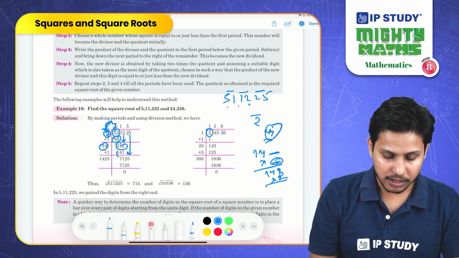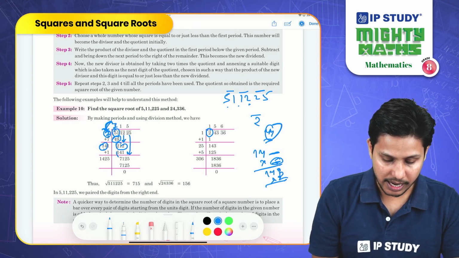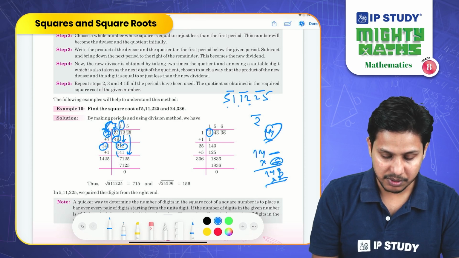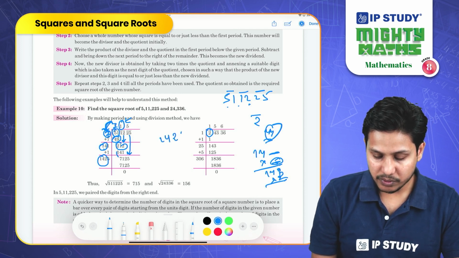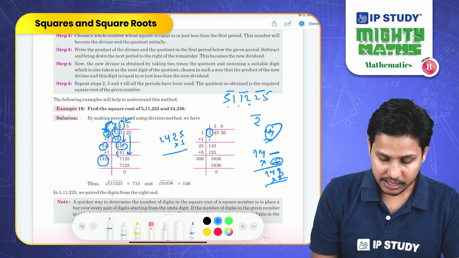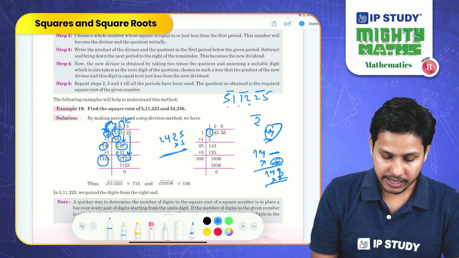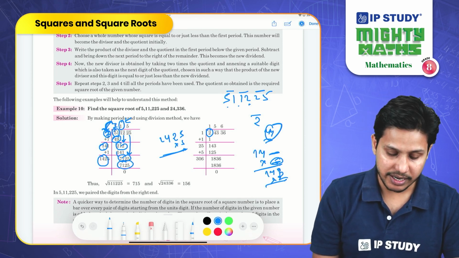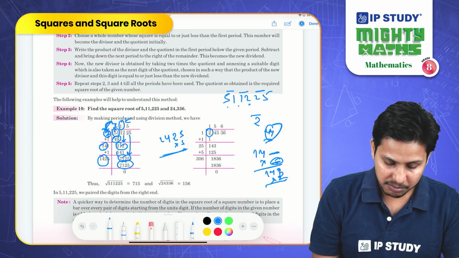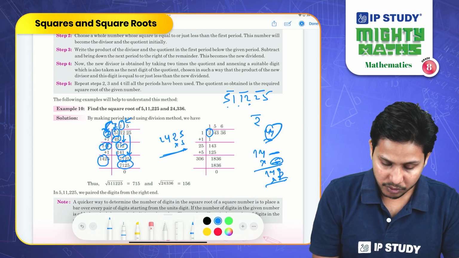Now we have 141, so we'll add the number that we have here, so it will be 142. Again we have to check what to write over here so that the product gives us either this number or smaller than this. If we take 5, then the product will be equal to 7125, and whatever number you take over here, you have to write over here also.